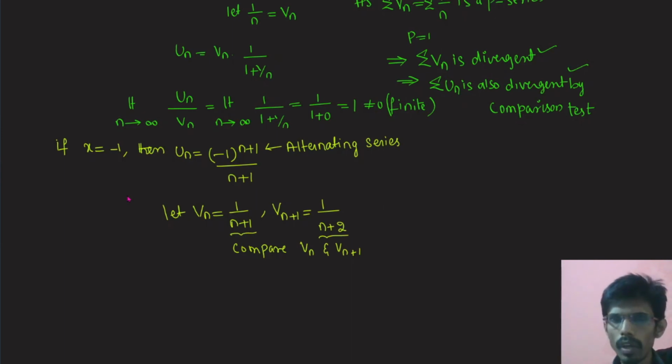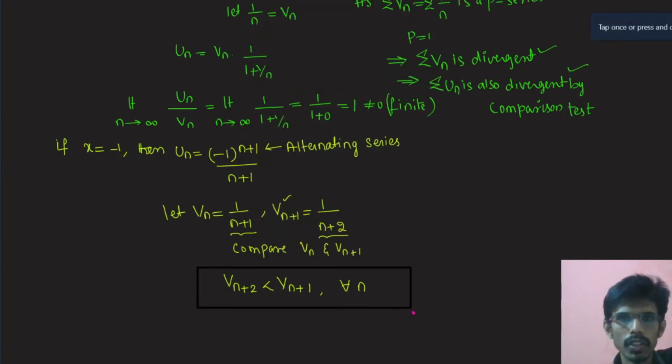N plus 2 is more. If the denominator is more, then the value will be less. So by comparing, we say that vn plus 1 value is less than vn for all n. This is the condition of the Leibniz series.